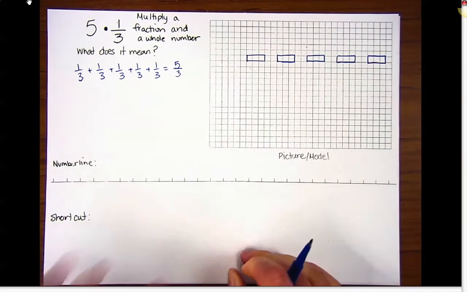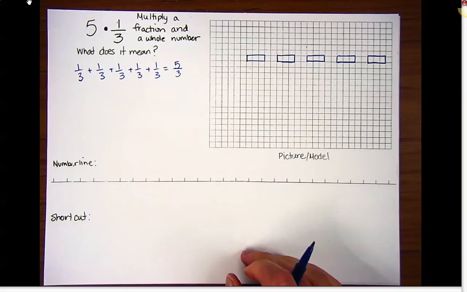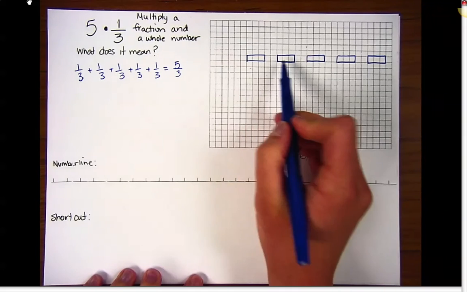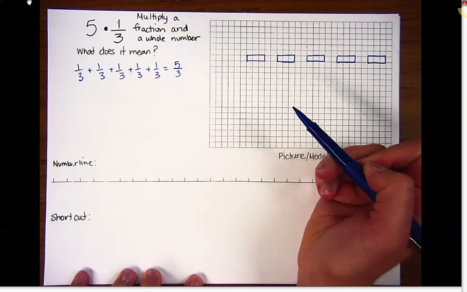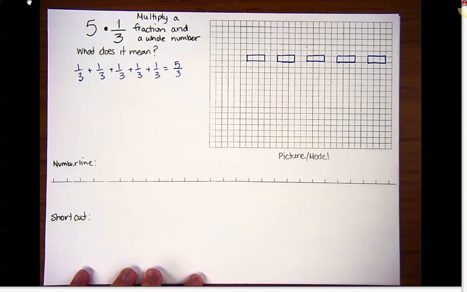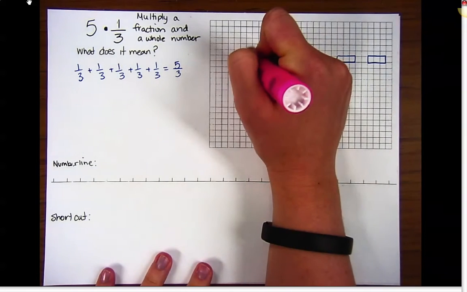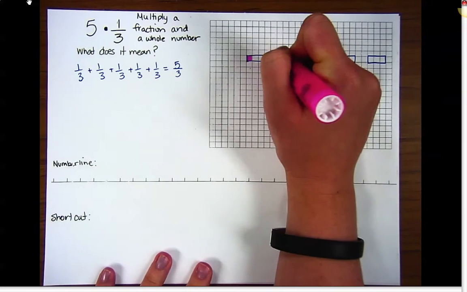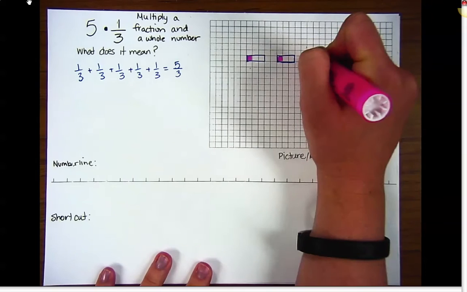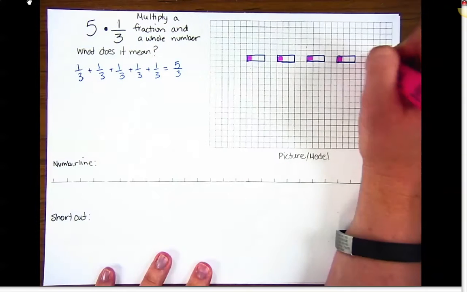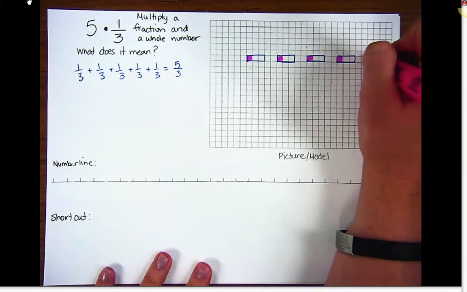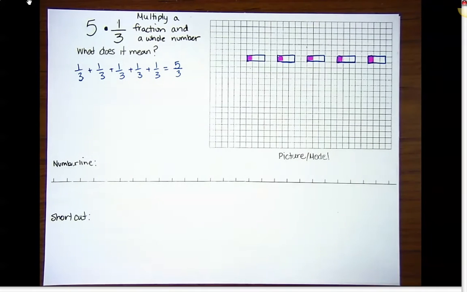As you can see, I have 5 sets where there are 3 blocks in each set. I have not yet shown what 1/3 looks like. So I'm going to take one of my colors and shade in 1 block in each set. And that 1 block represents the 1/3. So I have 1/3 5 times.